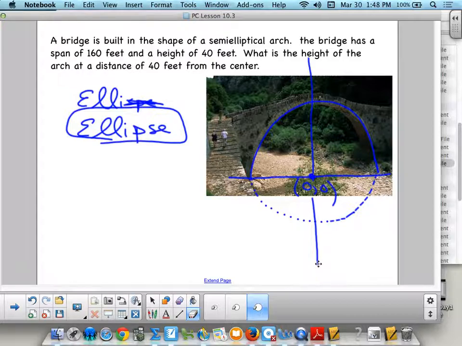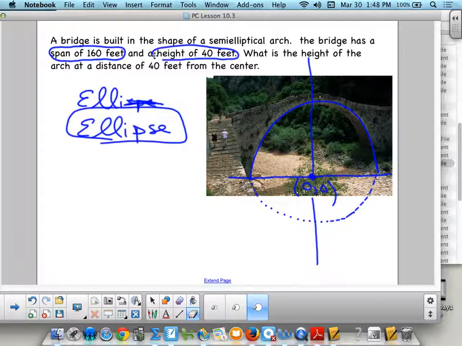Just knowing 0, 0 is right there, you should be able to read this problem and stick numbers in the right spot. It says the bridge has a span of 160 feet and a height of 40. Just those two comments they made, 160 feet wide, 40 feet high.